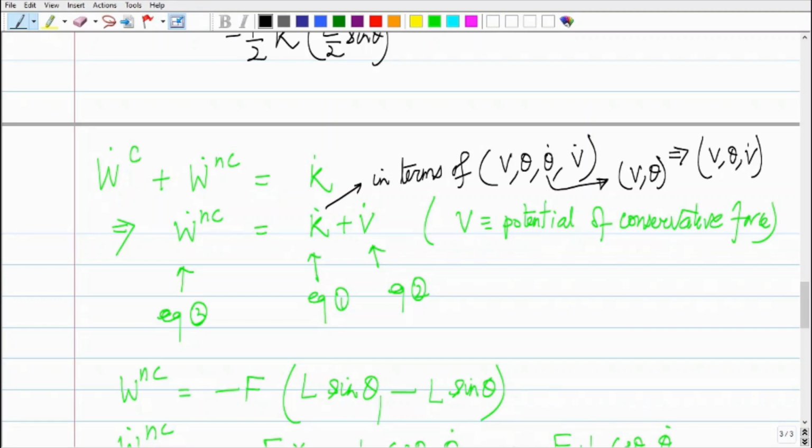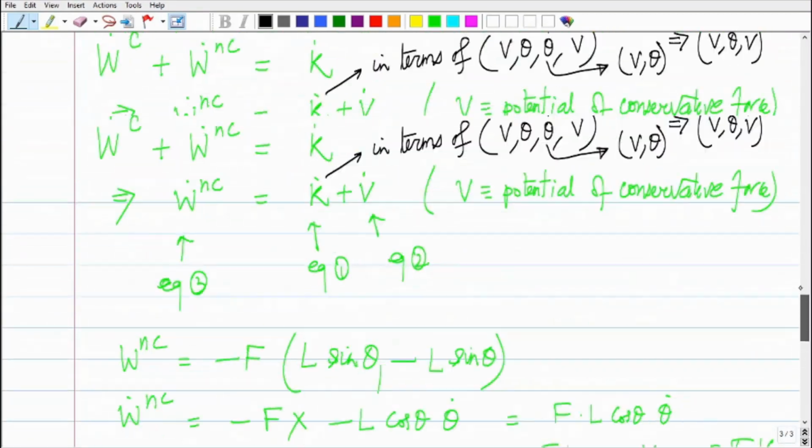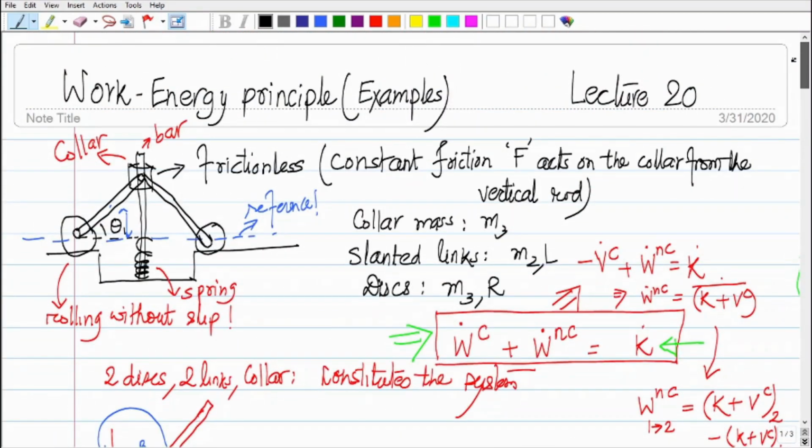So in this expression, you simply plug in V equal to 0, theta equal to theta 1, and you will just have V dot remaining. So you solve that and get your V dot, or the acceleration of the collar when the system is just left. Okay, so this completes this problem.